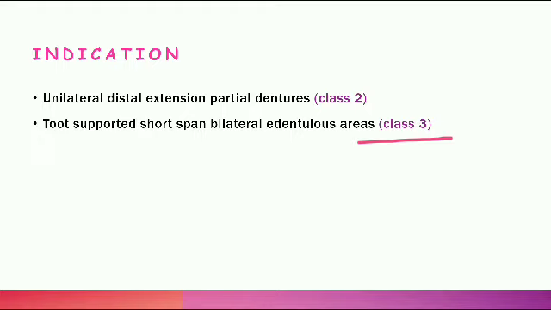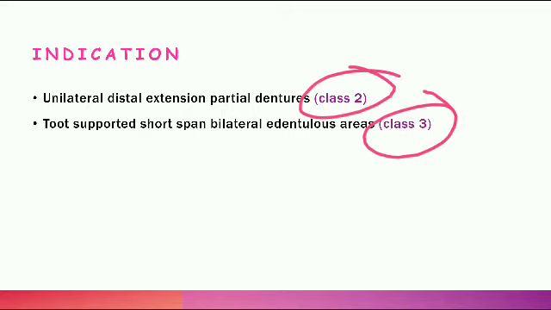If you remember, class 3 was edentulous space on one side bounded by natural teeth on both the sides. So it is tooth supported short span bilateral edentulous areas. So you can use palatal strap in Kennedy class 2 and Kennedy class 3.